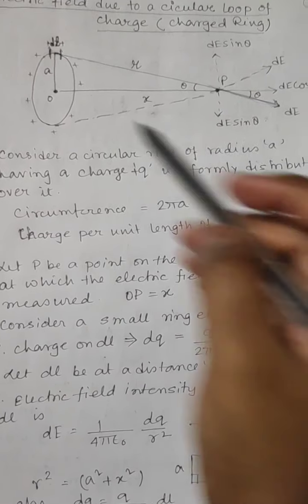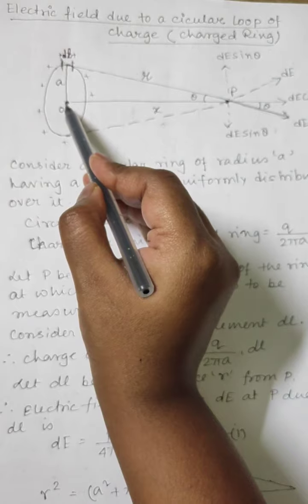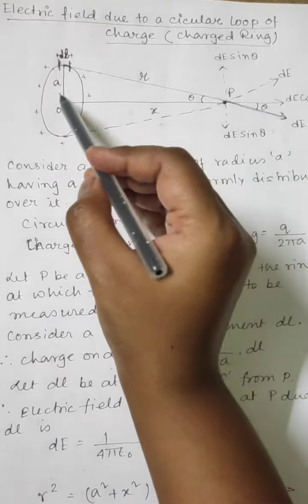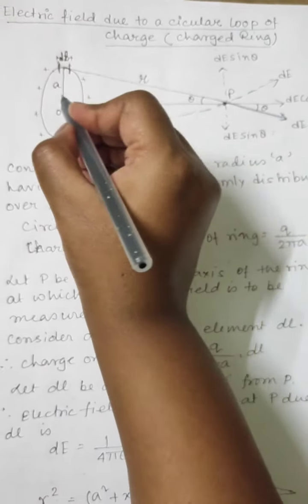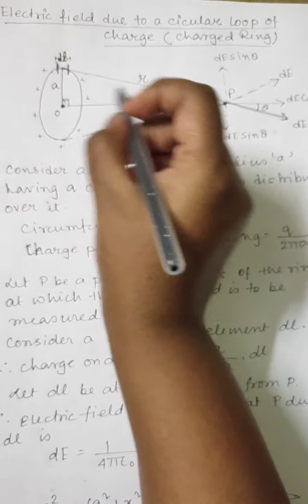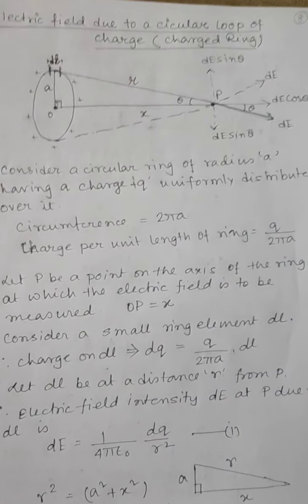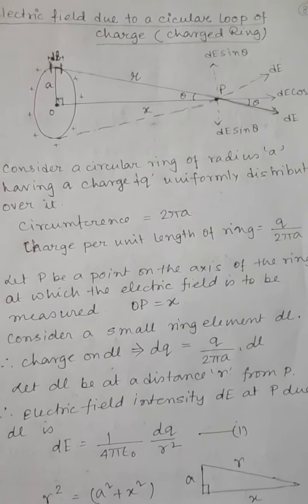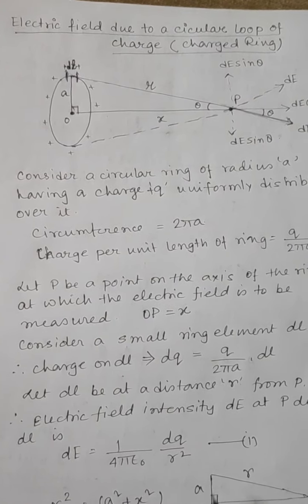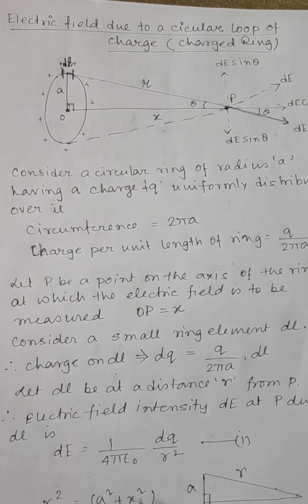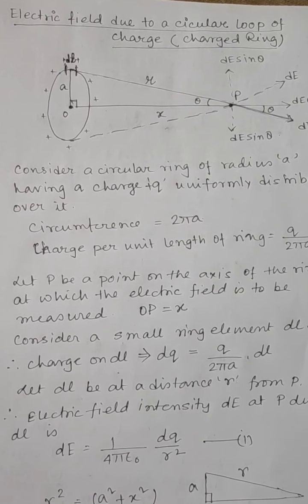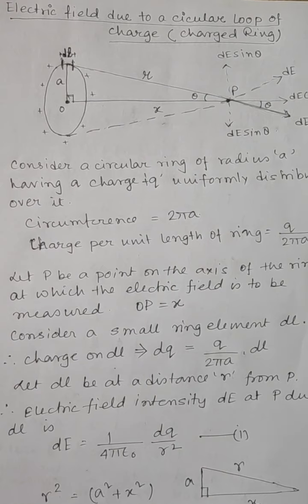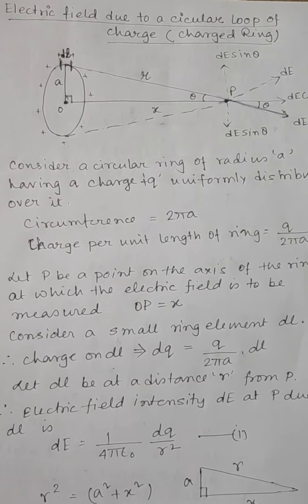Now this one is a right angle triangle. This is x, this is the radius a, so this will be 90 degrees, and this is r. So r is the hypotenuse of the right angle triangle. So r square from Pythagoras theorem will be a square plus x square. Therefore dq we also know as q by 2 pi a into dl.